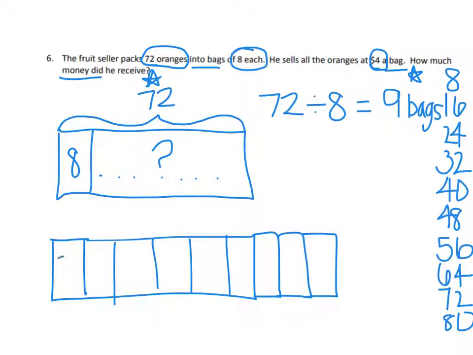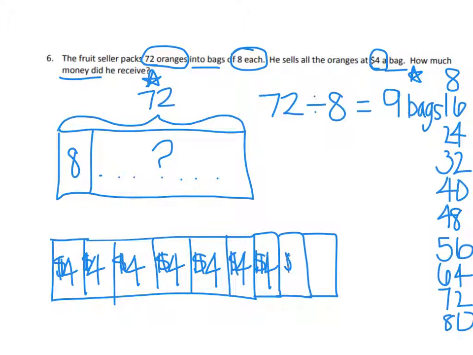And then there's $4 per bag. So now I need to figure out the total. So how would I do that? Go ahead and solve this problem. Pause the video while you work and replay when you are ready.